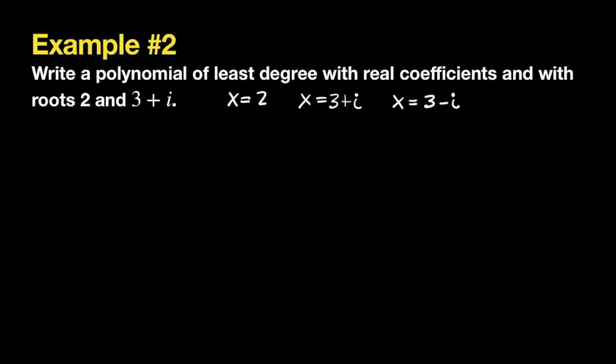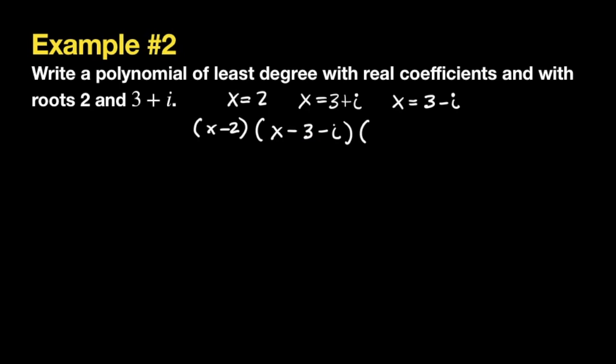When you put this in factor form, you're going to get x minus 2. We also have x minus 3 minus i. So in this case, I change the sign to the 3 and the i. That's what we're doing when we put it to the other side.